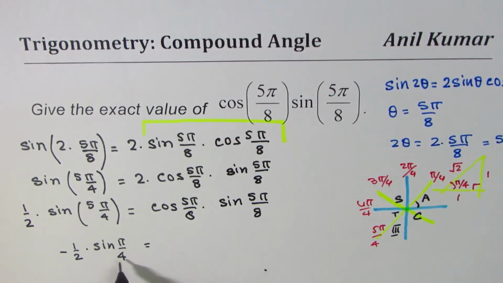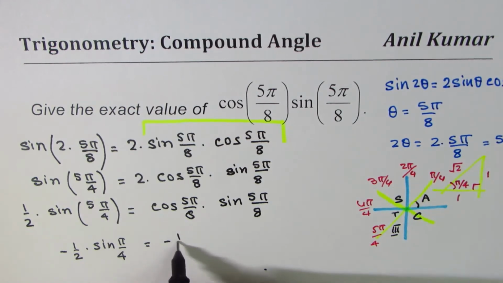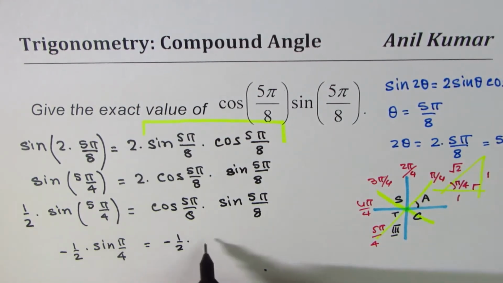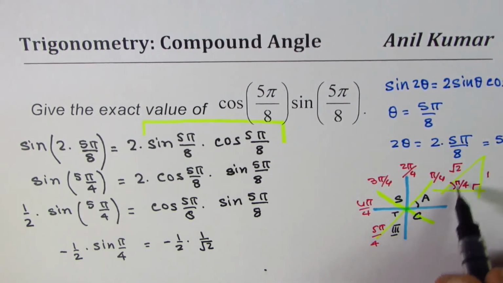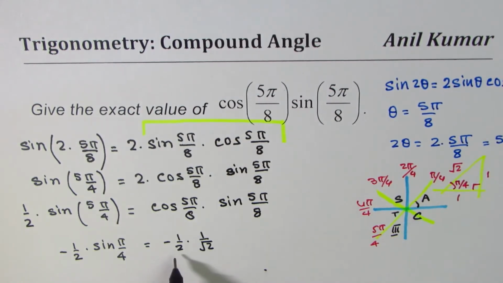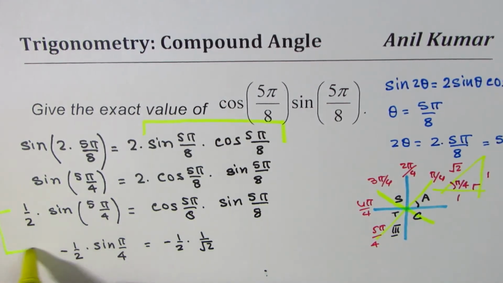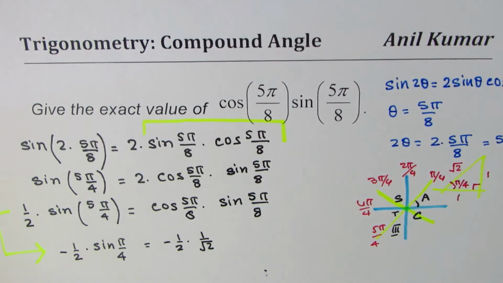And in the triangle, pi by 4 gives sine as 1 over square root 2. So this is equal to negative half times 1 over square root 2. Perfect, that becomes your answer. Now it is good practice to rationalize before writing your answer. So half of sine 5 pi by 4 really is minus half of sine pi by 4, since 5 pi by 4 is in quadrant 3, and sine pi by 4 is 1 over square root 2.